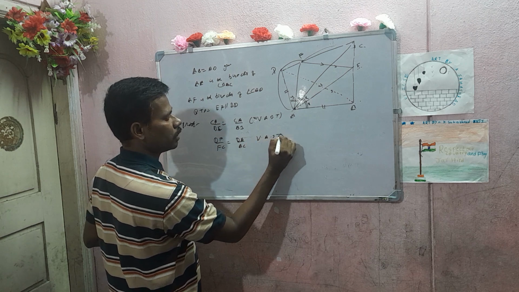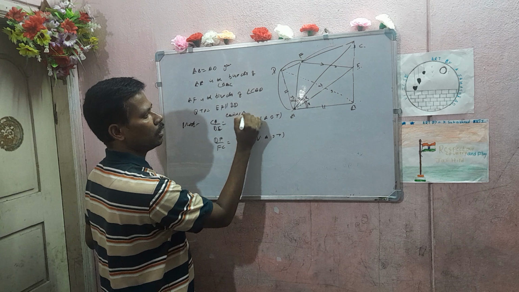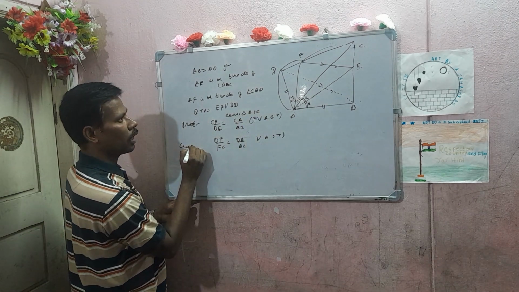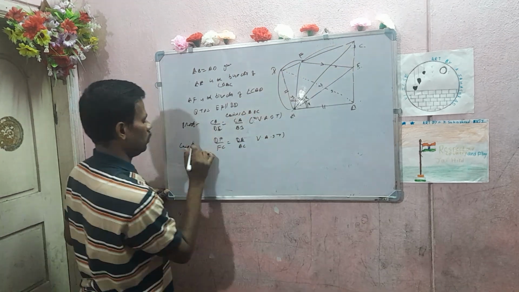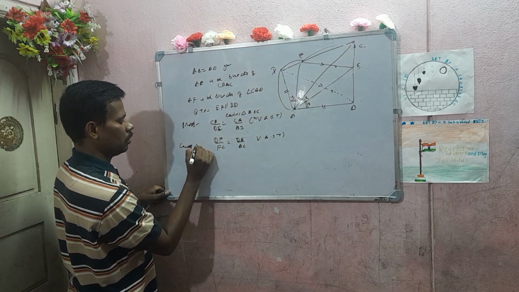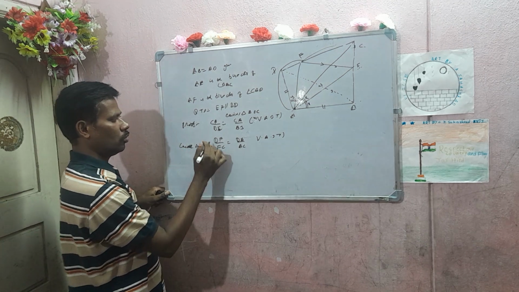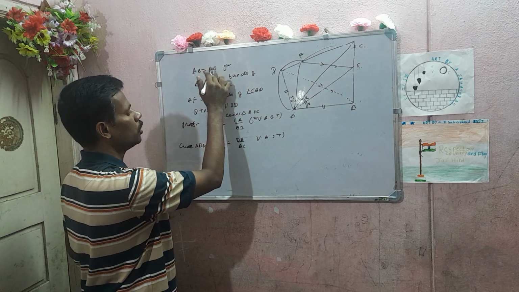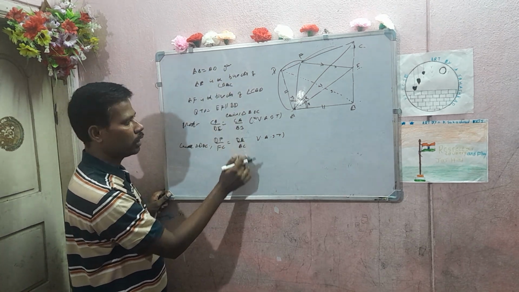Vertical angle bisector theorem. You should write here, consider triangle ABC. Here you should write, consider triangle DAC. So you will get like this. Now, what is given? AB is equal to AD, given. Just see whether you are getting any hints or not.